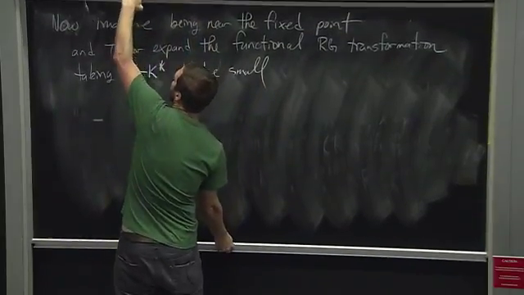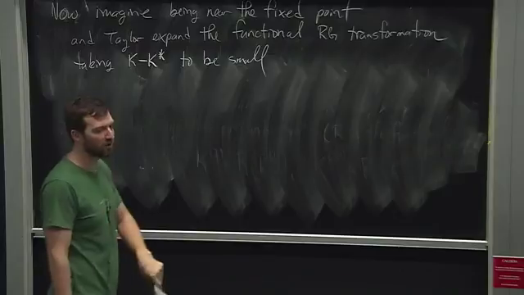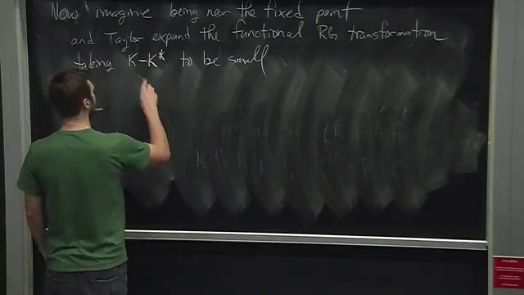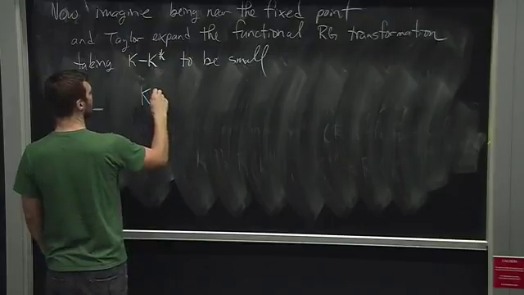And we're imagining we're not exactly at the fixed point, but we're so close that K minus K star is small.